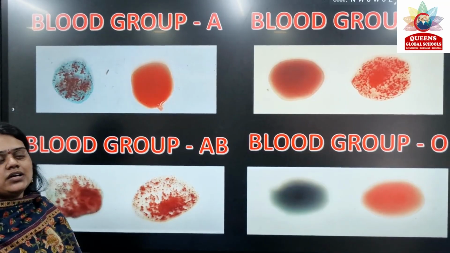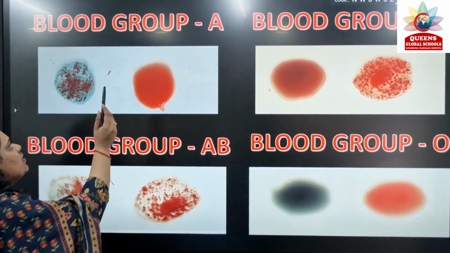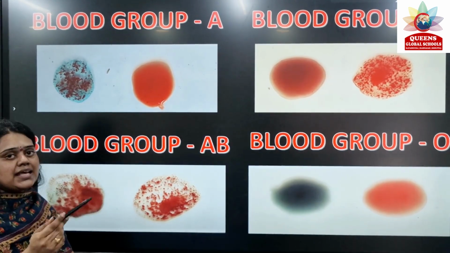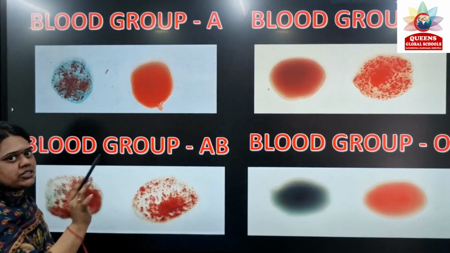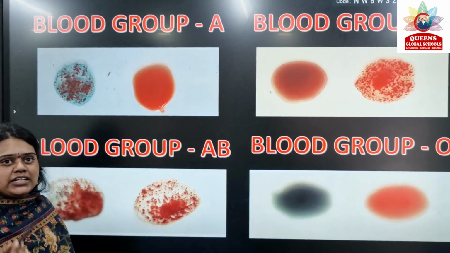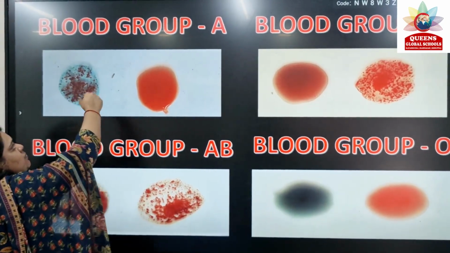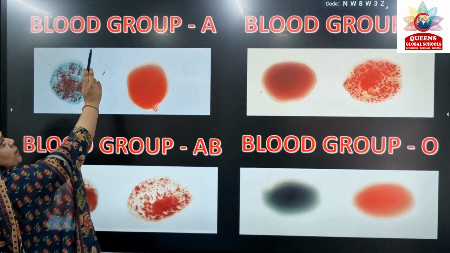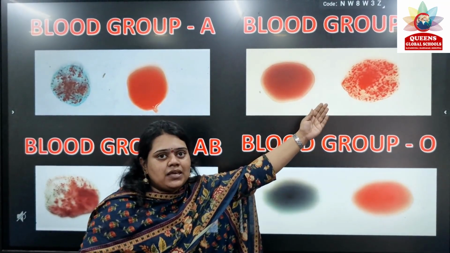As mentioned earlier, we were talking about blood agglutination, where anti-A serum or anti-A solution has anti-A agents in it. So if in our blood we have anti-A antigens, these both mix up with each other and the lumps are formed, which indicates that we belong to blood group A. The same experiment repeats for B as well.